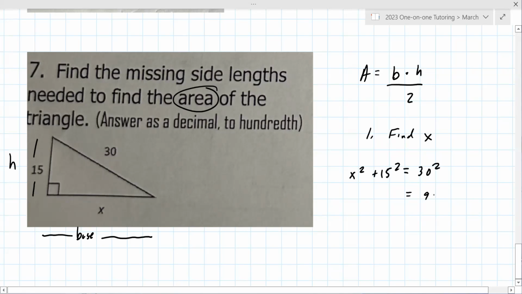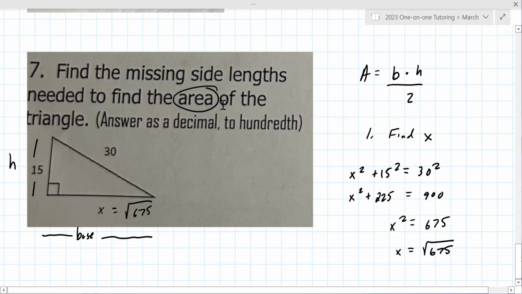So this is 900. This is 225. So X squared equals, what is that, 675? So here's the nice thing: you actually don't need to reduce this right now. You can just leave it as is. You don't have to do the whole finding primes, all that stuff, because you're going to use it in the area formula.